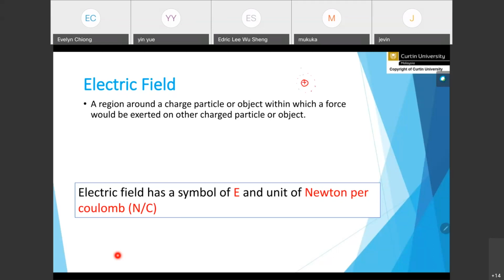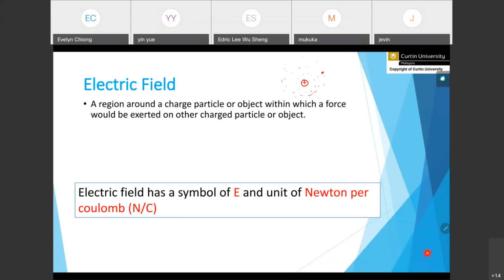So for example, let's say you have a charge here, for example positive, then around it, this region here, there is electric field. Then let's say another small charge here, maybe a test charge, comes near the region.